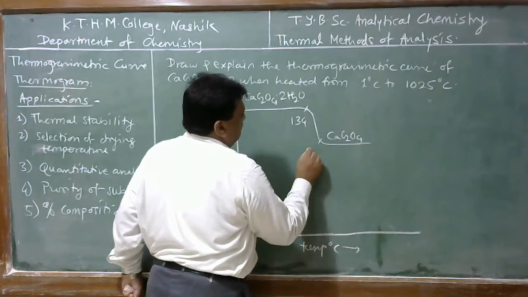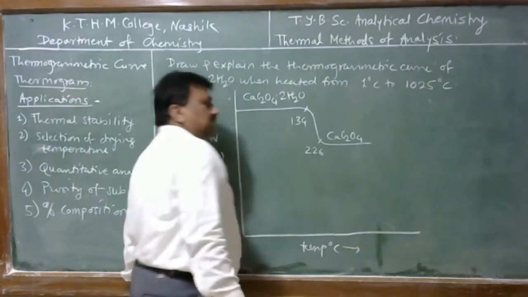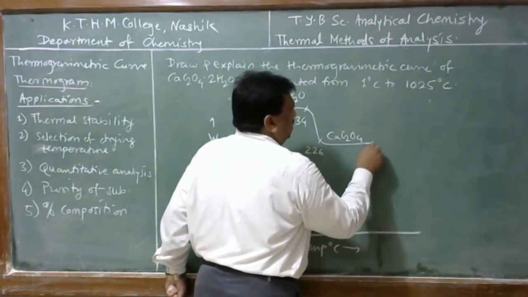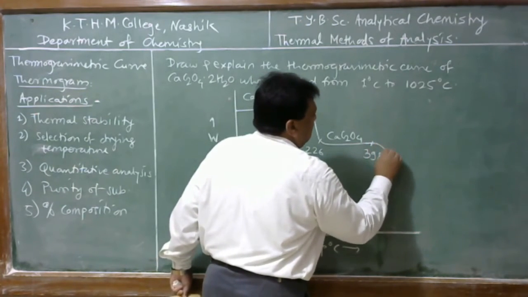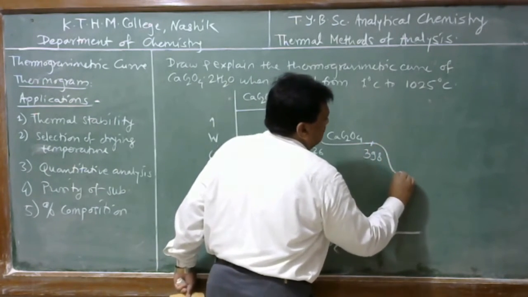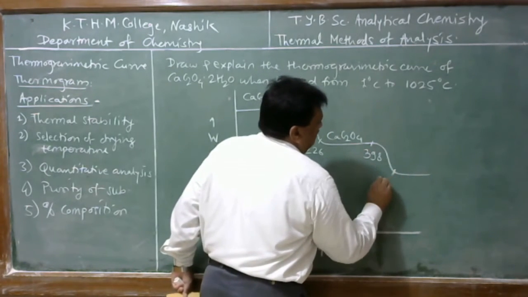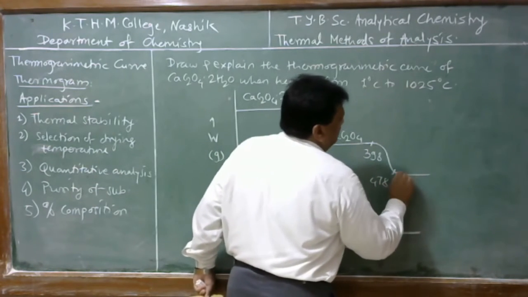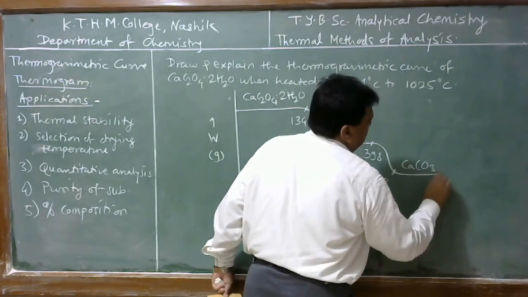This anhydrous form is stable up to temperature 398 degrees centigrade. After that, again there is loss, and at 478 degrees the calcium oxalate is decomposed to calcium carbonate.